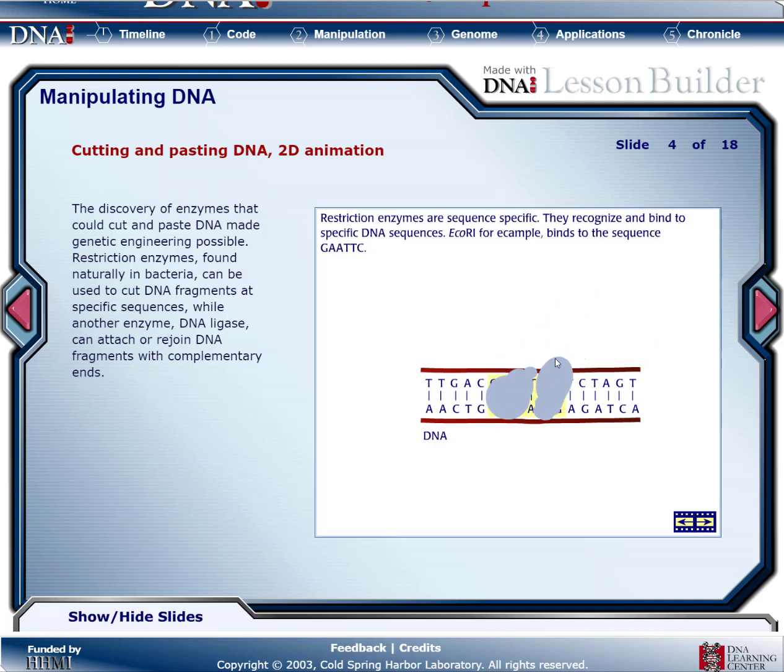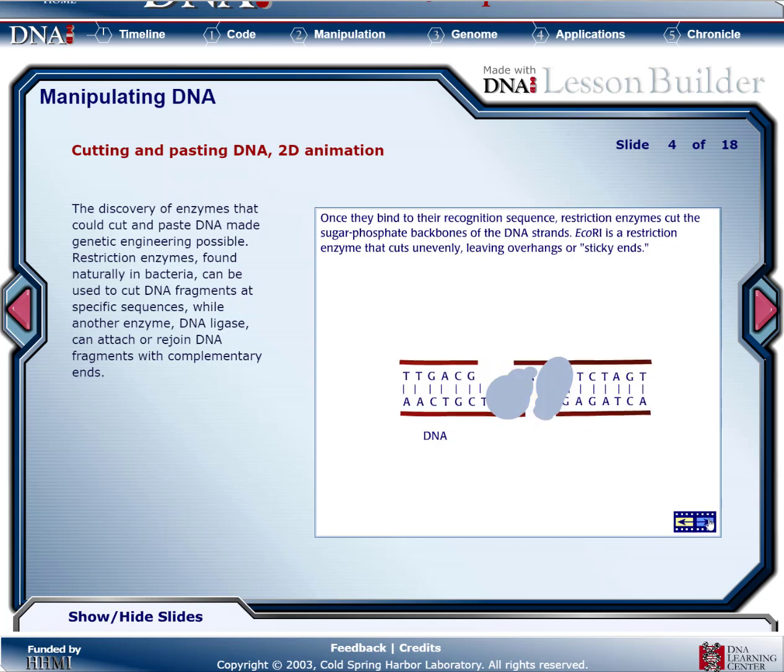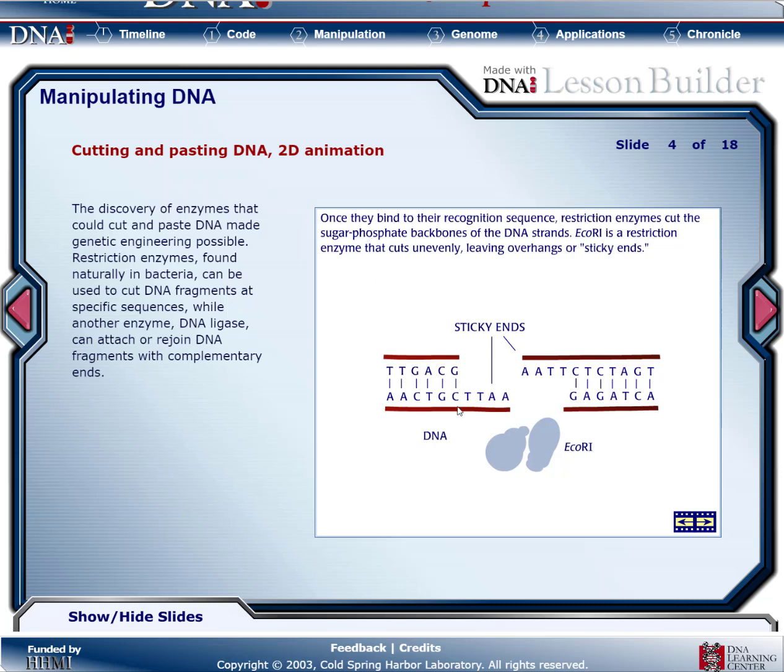We have EcoRI, it binds right there. Once they bind to their recognition sequence, restriction enzymes cut the sugar phosphate backbones of the DNA strands. EcoRI is a restriction enzyme that cuts unevenly, leaving overhangs or sticky ends. Okay, so we have the sticky ends here.